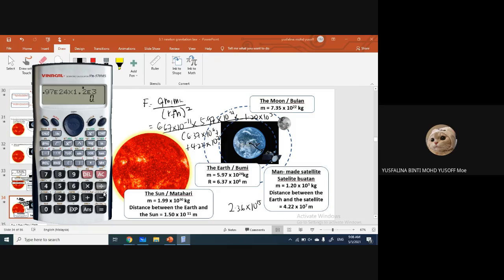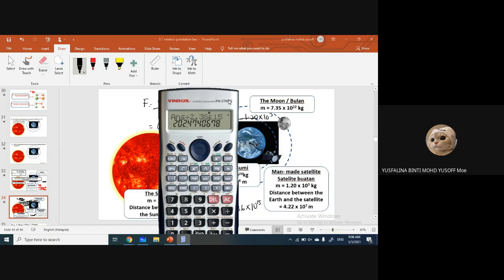Then you divide by 2.36 exponent 15. So is it the same answer? Yes, 202.47 Newton.